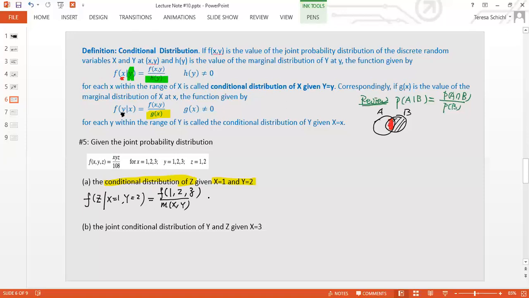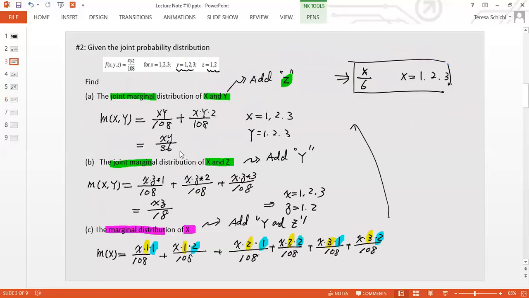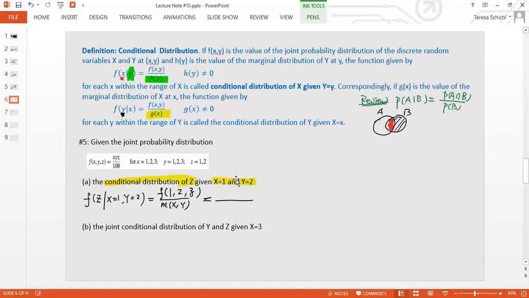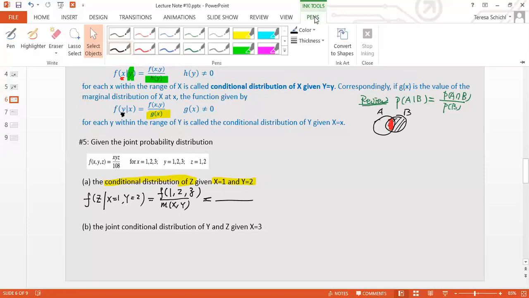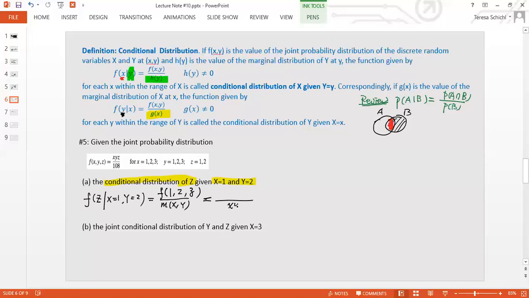Now let's go back to what we did in the previous video. Do we still remember the marginal of x and y? It is xy over 36, from the previous video.